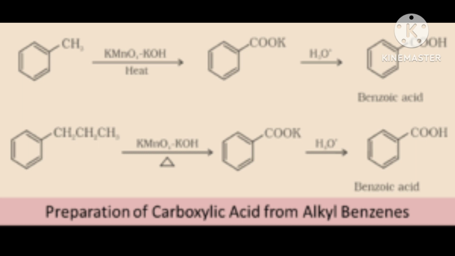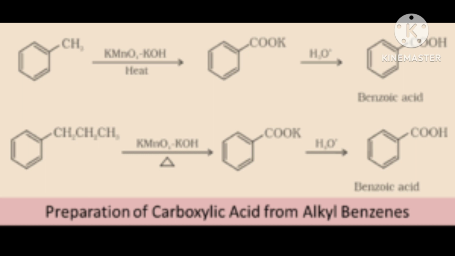Correct? Now you can take another example in the place of R. Suppose a phenyl group, C6H5, is attached in the place of R. Then again this CONH2, with the phenyl group in the place of R, becomes benzamide.